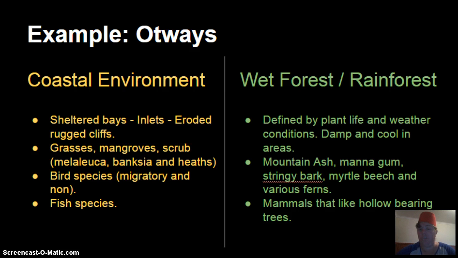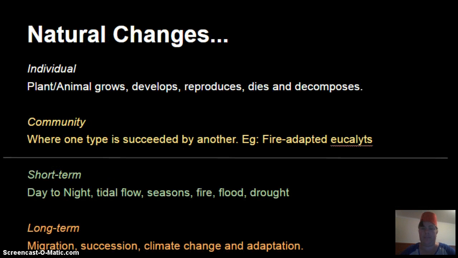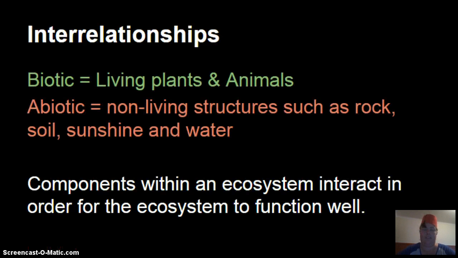So once you're able to describe your environment, you should be able to then discuss some of the natural changes that happen. Now, these natural changes can be considered in a variety of ways. But before we go too deep into natural changes, let's just go back to thinking about the interrelationship. Yes, interrelationships between the biotic and the abiotic.